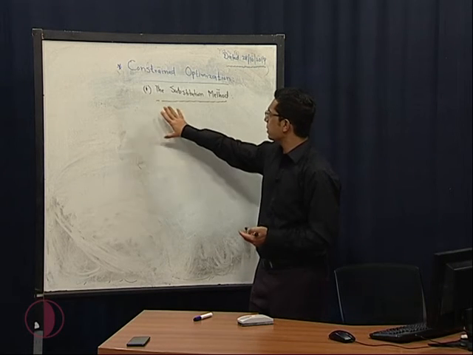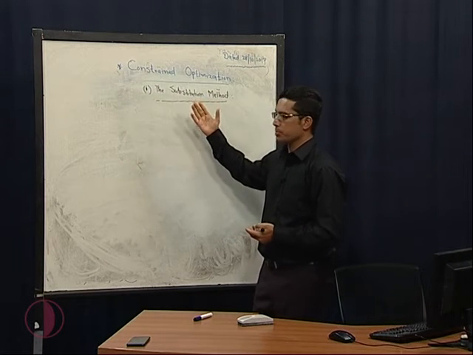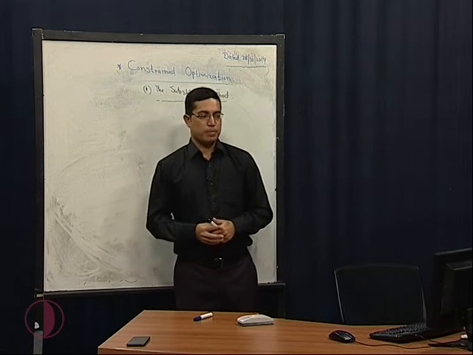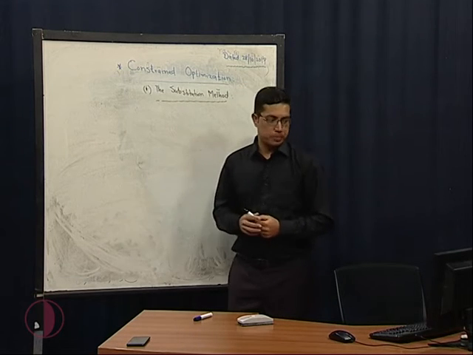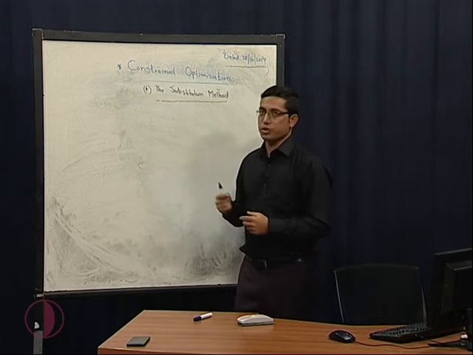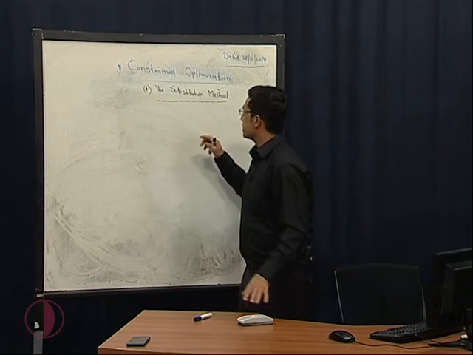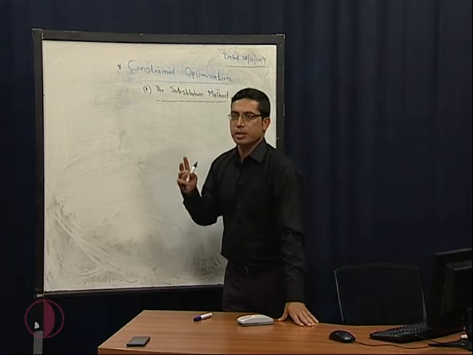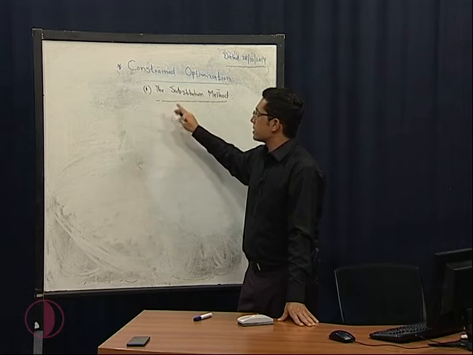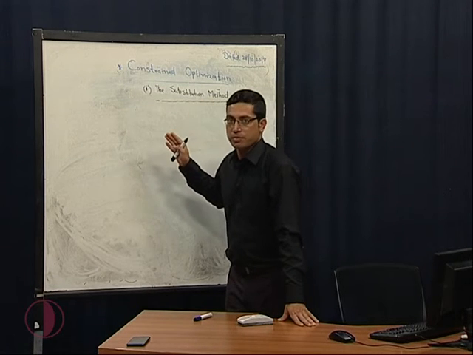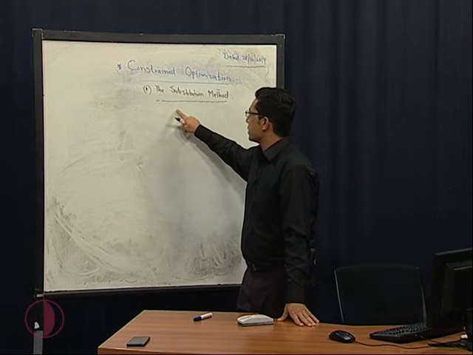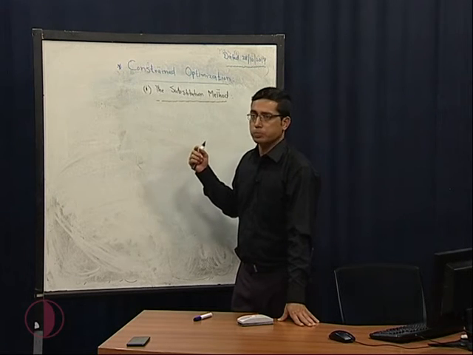So, constraint optimization by substitution. A constraint optimization problem may be solved by first solving the constraint equation. As we have discussed, in this case we will be having two equations. The first equation is known as the objective function of the business firm, and the second function is known as the constraint function.